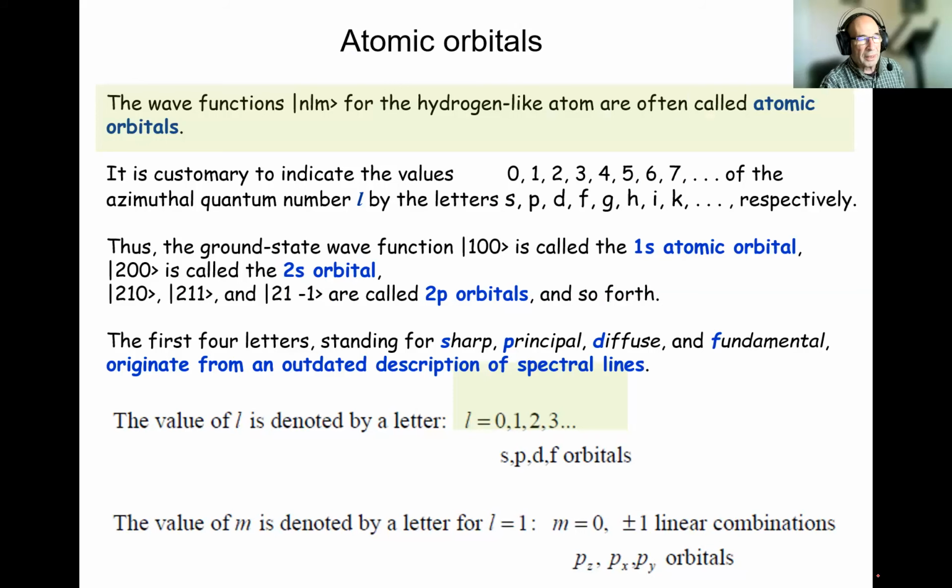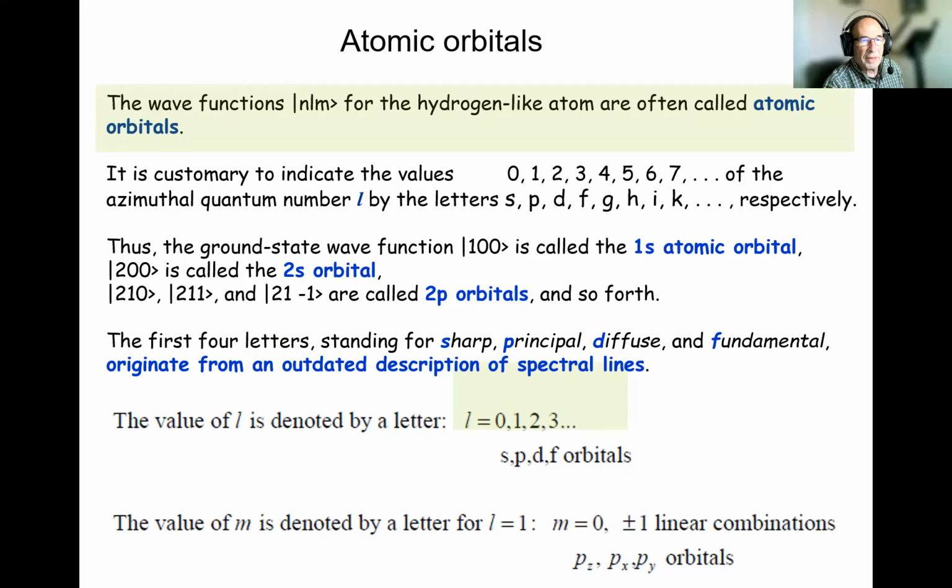An important thing to know, which many of you know, is the notion of orbitals. Orbitals are basically solutions of equations for atoms like hydrogen. And they are classified in the way we classify angular wave functions.